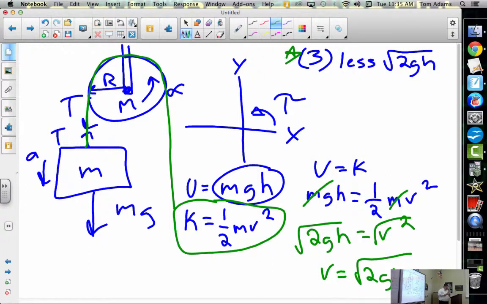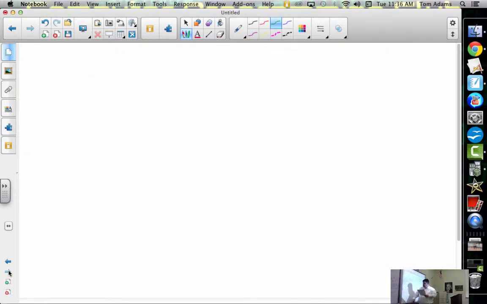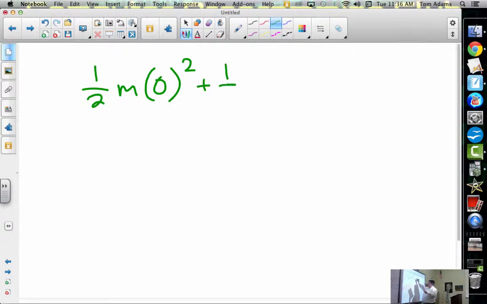So the conservation of energy for rotational energy looks a little different. It would be like this. It would be 1/2 times the mass times the velocity squared, that's the initial, right? Plus the rotational energy, 1/2, now remember, rotational kinetic energy is the moment of inertia. Now this is why it's different.